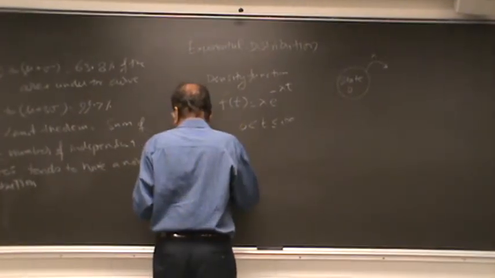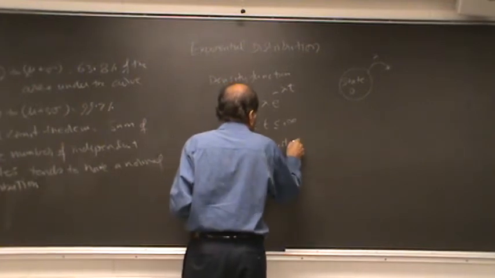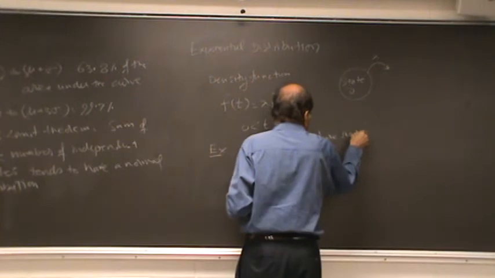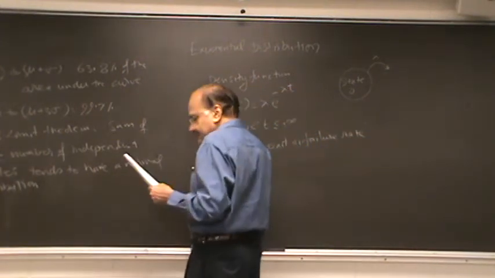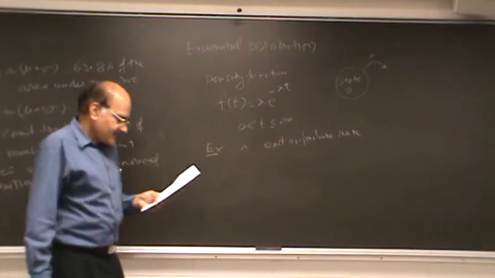So in some situations, lambda is the exit or failure rate, the rate by which you exit some good state.